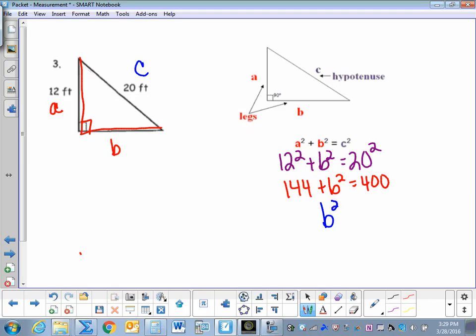B squared equals 256. I don't care what b squared is. I want to know what b is. So I'm going to take the square root of b squared and the square root of 256. And that's 16. So my missing leg here is 16.